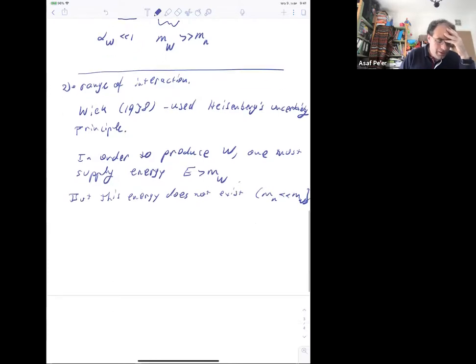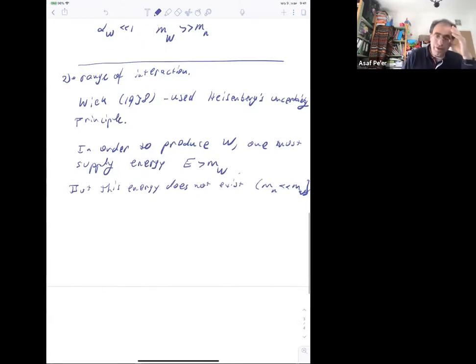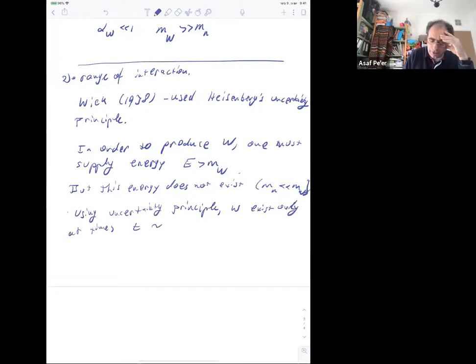Which means that, using the uncertainty principle, the W exists only at times shorter than 1 over m_W.